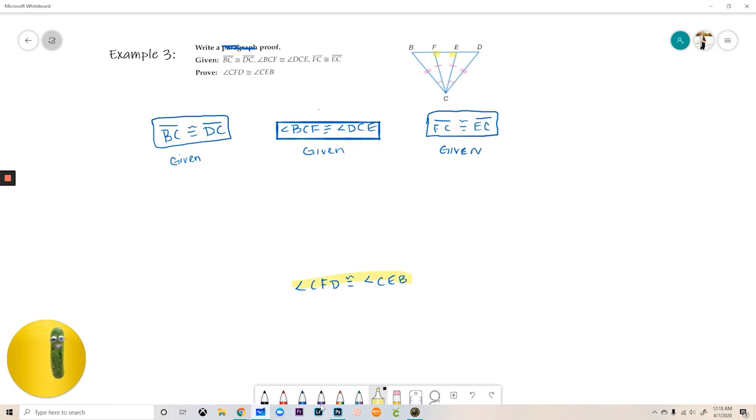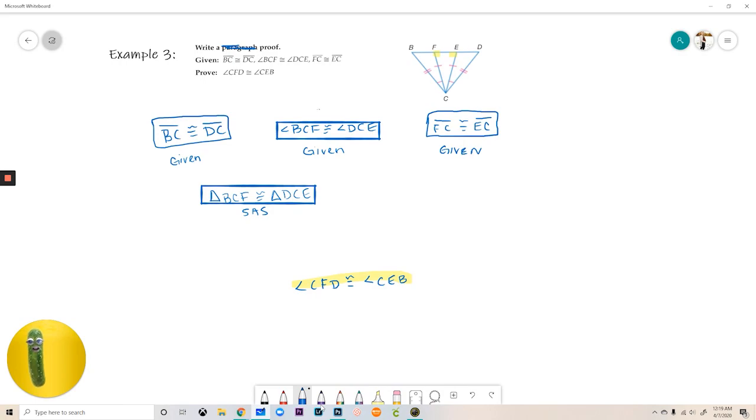From all of the given pieces, we know that triangle BCF is congruent to triangle DCE because of side angle side congruence.